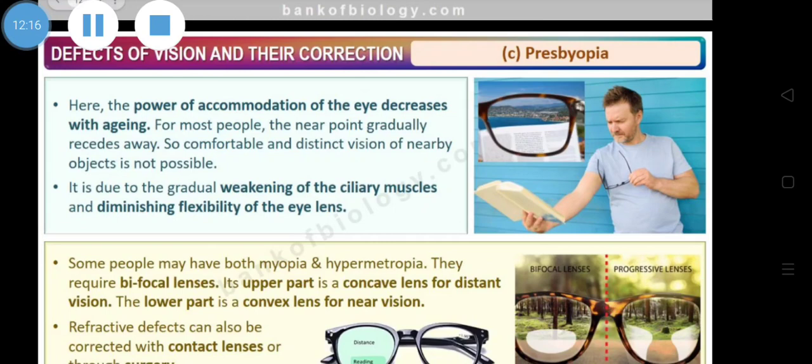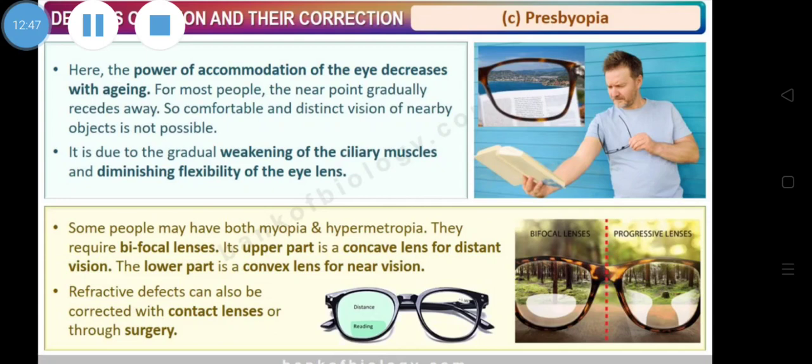They have both myopia as well as hypermetropia, and they wear bifocal lenses where the upper part is concave, which is helpful for long distance, and the convex lens helps in short distance near vision.